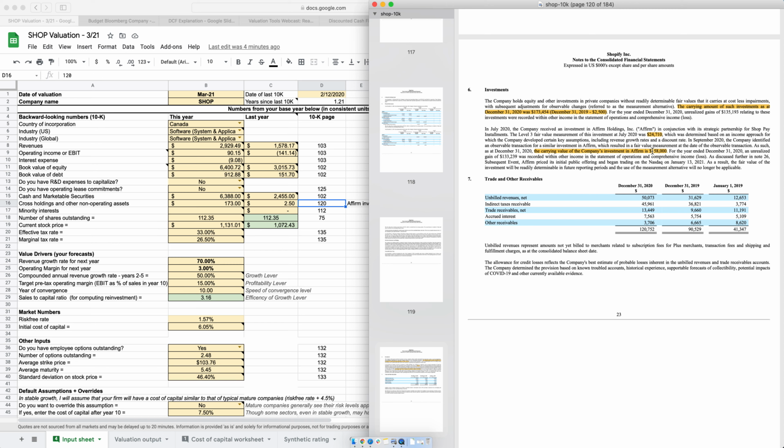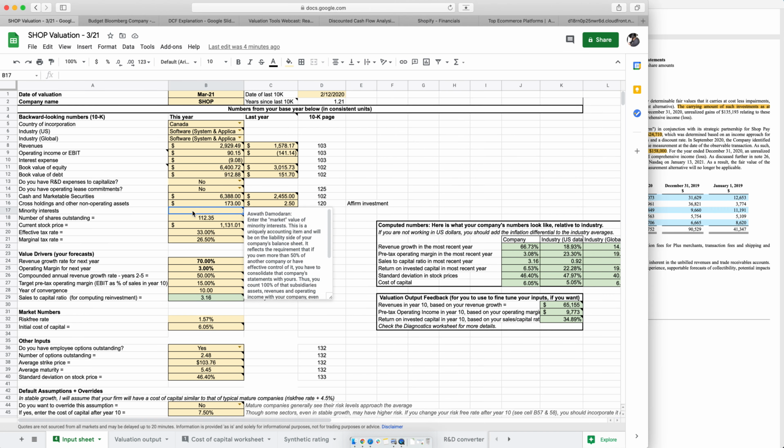So anyway, I put in the top level number. I think they also say that last year it was only 2.5 million, so that's what I put in here as well. Generally speaking, this is a place for you to put, if your company owns a stake of another company, what that is worth, so that you can include that in the valuation.